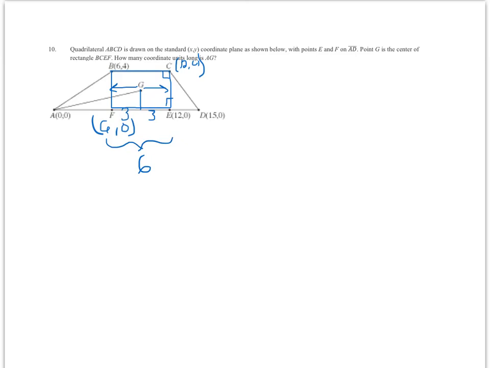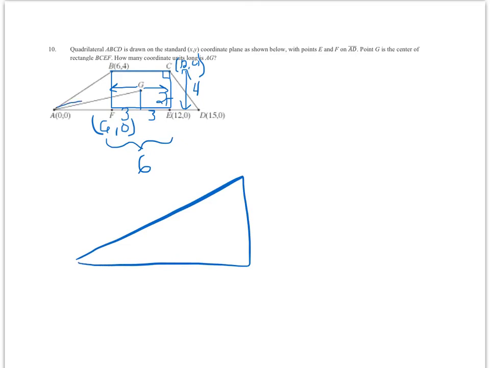Then if you look at this vertical distance here, we're going from 0 to 4, which means half of that, 2. So let me blow this up, this triangle right here. This vertical distance here is 2. This horizontal distance, we have a 6 and a 3, which makes that 9. That's the segment addition postulate.